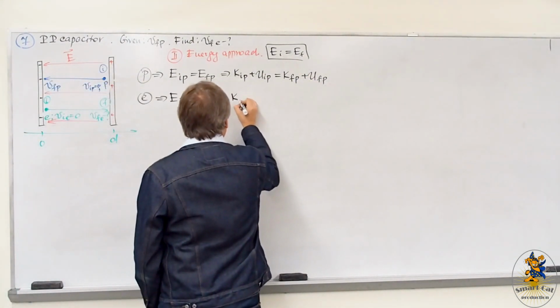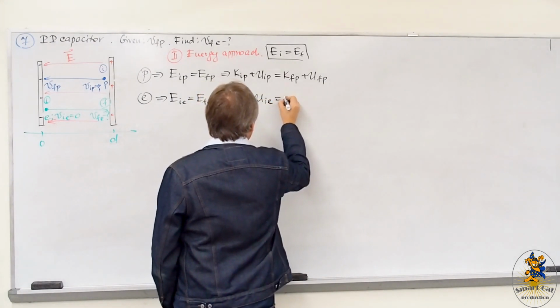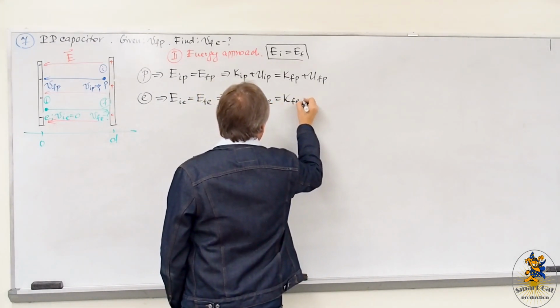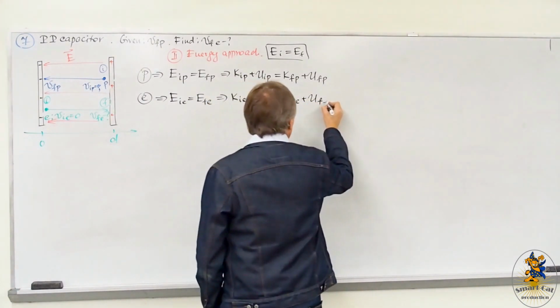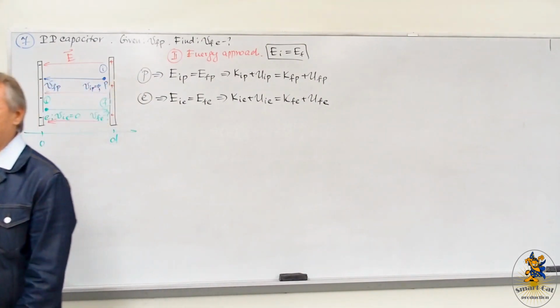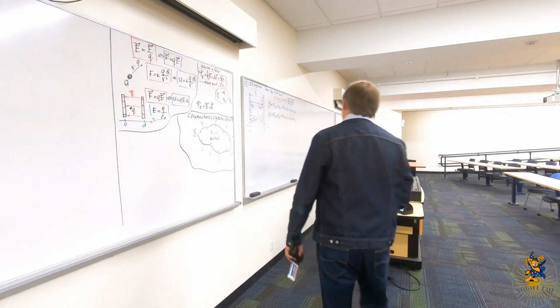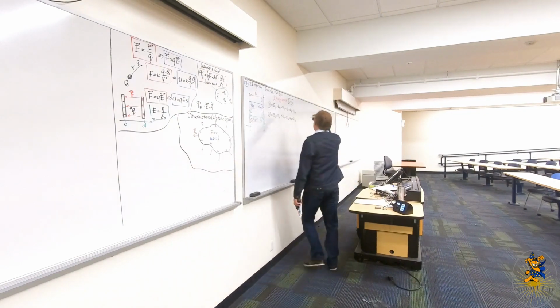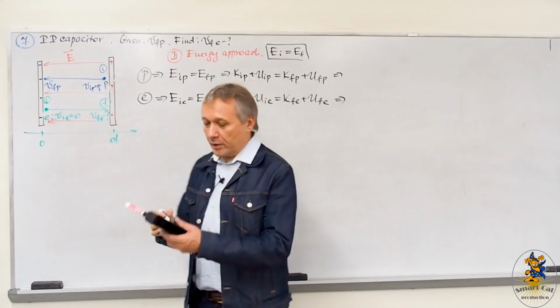Kinetic initial of the electron plus potential initial of the electron equals kinetic final of the electron plus potential final of the electron. Started feeling dizzy with these subscripts. No, seriously. Okay, so now I will keep moving. I still have enough space.